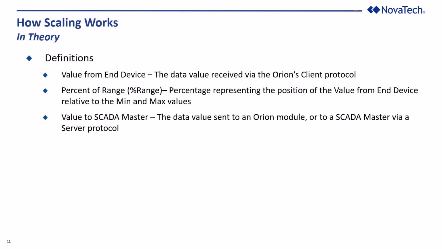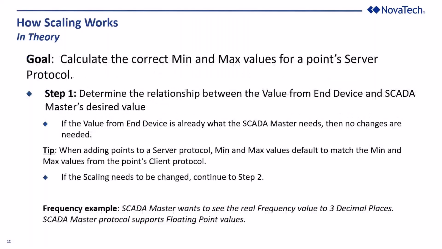And the last definition is the value that's actually sent to the SCADA master. We'll go step by step through all three of those to give you a better understanding of what's happening to the data values as they pass from an IED all the way up to a SCADA master.